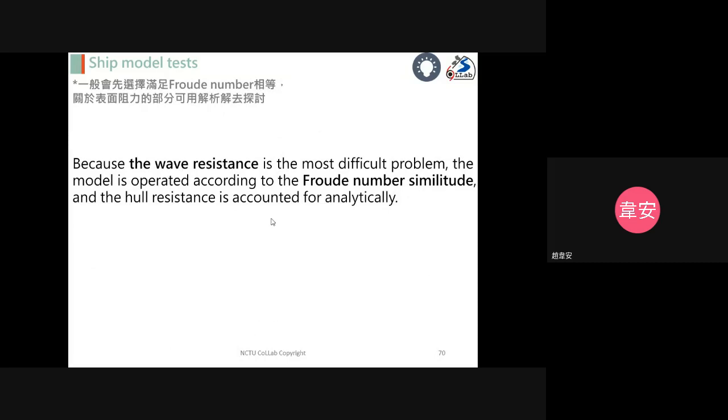So the model is operated according to Froude number similitude, and then the viscous resistance can be computed from numerical modeling or analytic solutions.